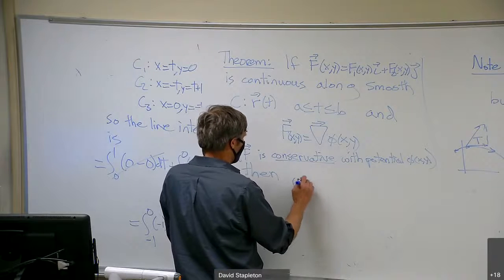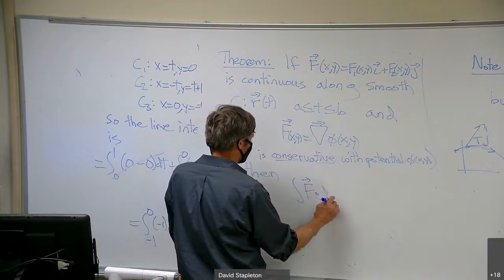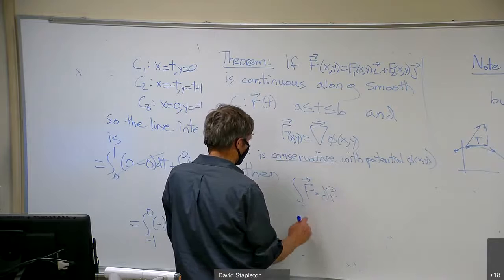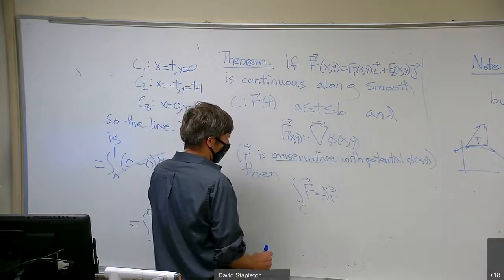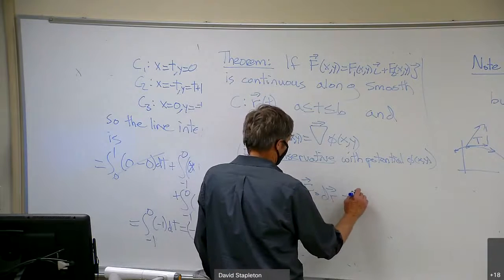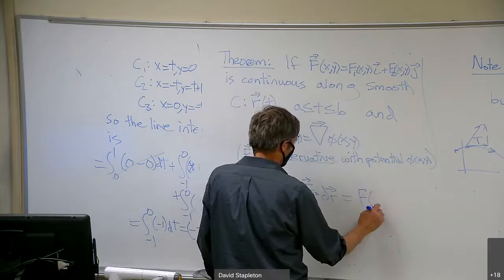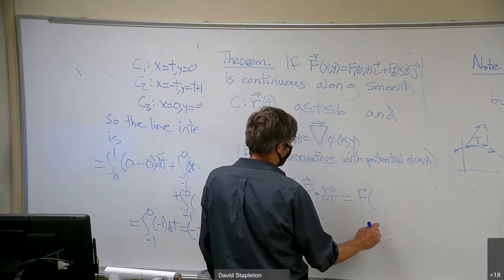Then the integral of f dot dr, this vector line integral that represents, among other things, work along a path, is evaluated by taking phi at the final point.